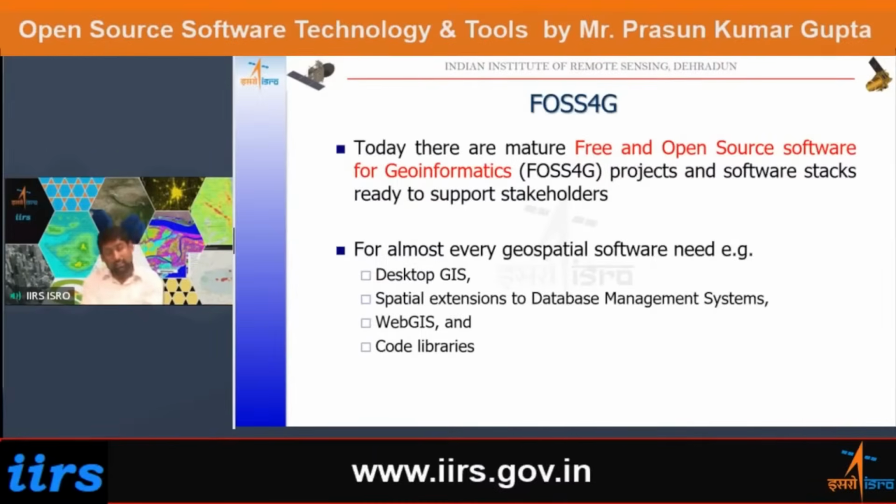And there is FOSS software in almost every branch of GIS software. For example, there are free and open source desktop GIS software, free and open source spatial extensions to open source database management systems, free and open source web GIS libraries, code libraries, mobile apps, and so on.